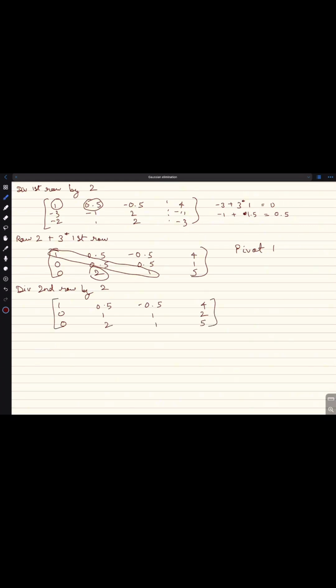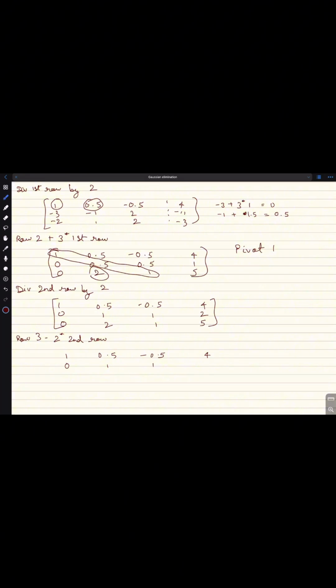And lastly, row 3 minus 2 multiplied by the second row. And that will give you 0, 0, 1.5, 0, 1, 1, 2.